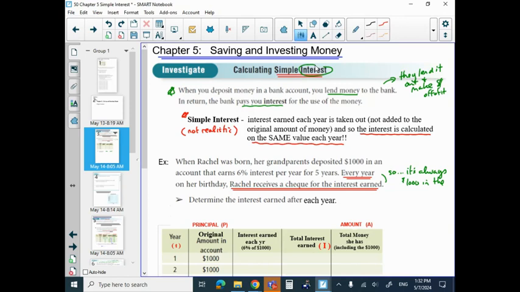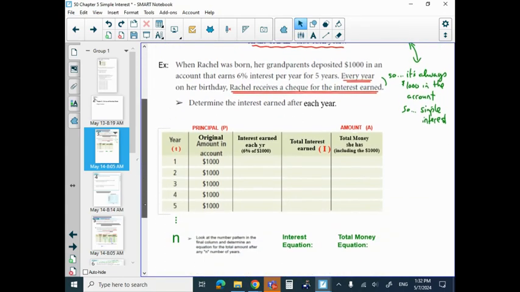So you can see how that makes this simple interest, right? We're just going to use this example to learn about how money grows in that kind of scenario.